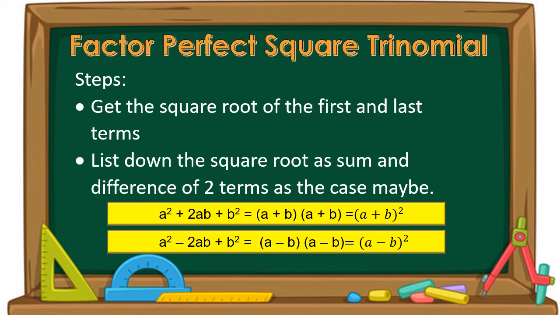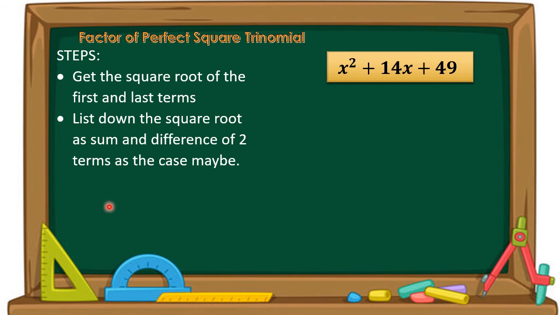Okay, so let's proceed with the first example, which is x squared plus 14x plus 49. Now, following the steps given there, the first one is get the square root of the first and the last term. So this is our first term, and this is the last term. So just get the square roots of the two. So square root of x squared is simply equal to x.